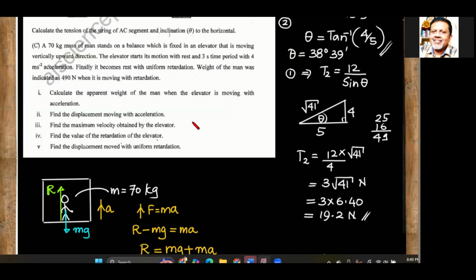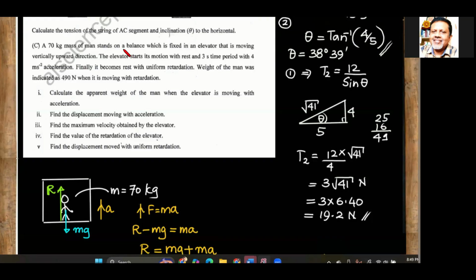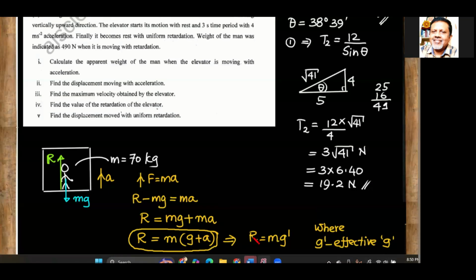During the first 3 seconds, it is moving with an acceleration of 4 meter per square second. So if it is moving with an acceleration, this is the reading one can get from the balance. Oh, it says a balance, right? The reading seen on the balance is what we called R equal to m g dash, where g dash is actually g plus a.